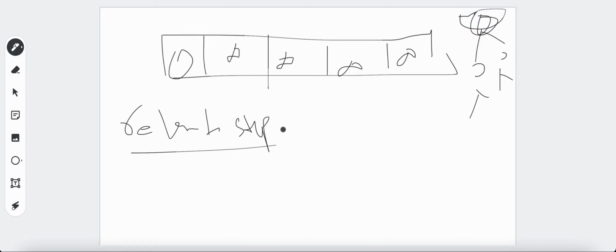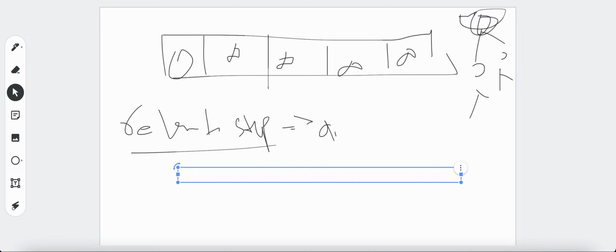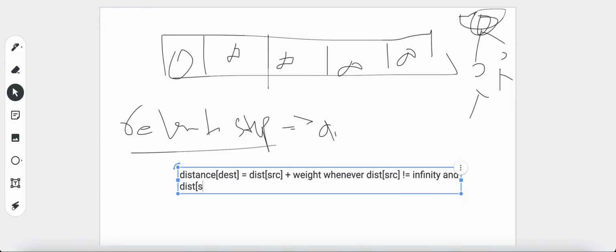The relaxation step is nothing but updating the distance of destination equal to distance of source plus the weight, whenever the distance of source is not equal to infinity and distance of source plus weight is less than distance of destination.